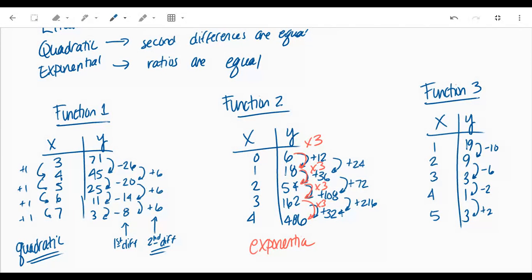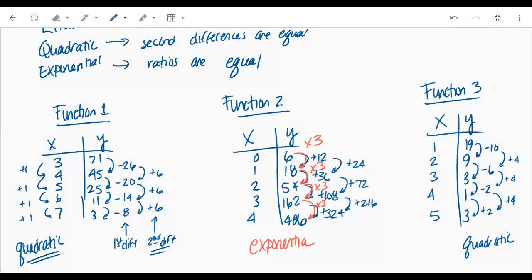So definitely not linear. The fact that it goes down and then back up tells you it's definitely not a line. This would be plus 4. This would be plus 4. This would be plus 4. So we have quadratic here. So that's how you do those.